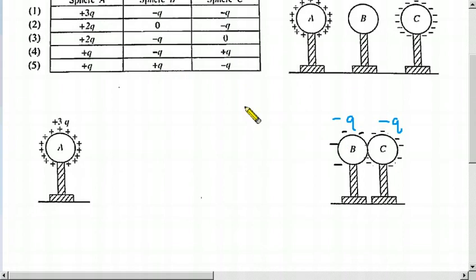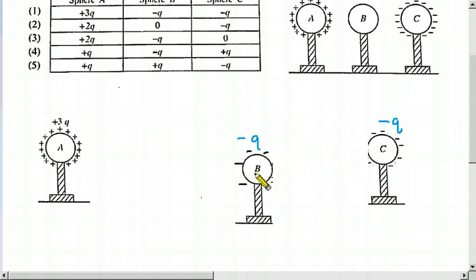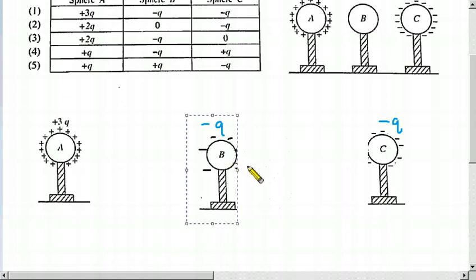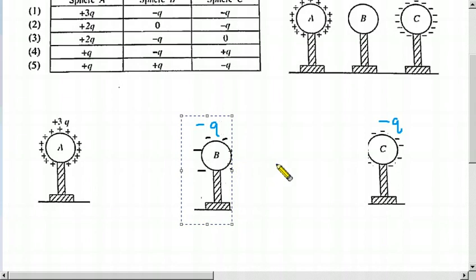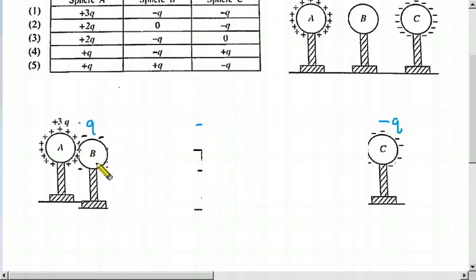So this one gets -1q and this one has -1q remaining. Totally it had first -2q. Now this sphere B has a charge -q. Now what we do, this one we take to the sphere B and touch to that, like this.